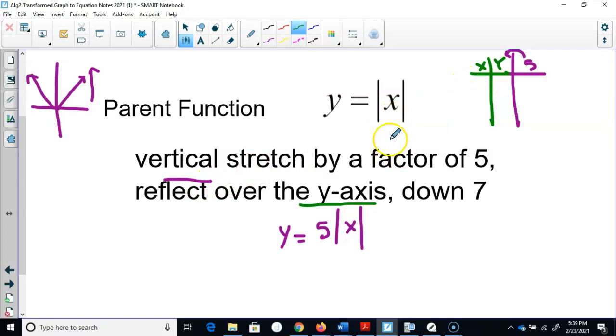So what's happening then is I have a negative inside the grouping symbol. A negative inside the grouping symbol, that's going to give us a reflection over the y-axis. So I'm going to multiply by -1, or technically it's actually going to be a division of -1, okay? Why? Because if I look at this now, I'm going to have y is equal to 5 times the absolute value of x, okay?